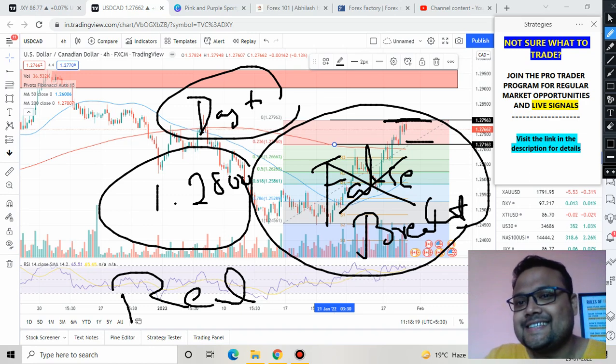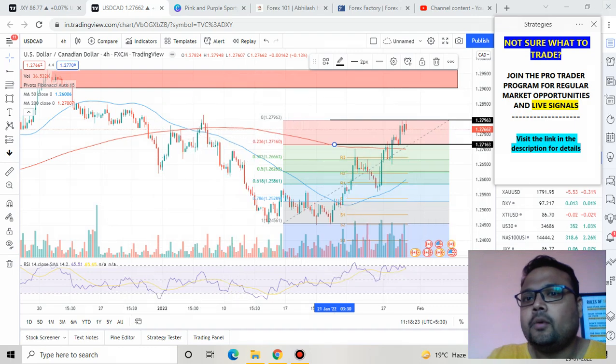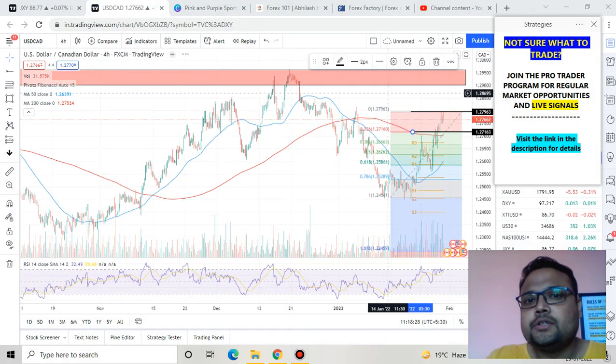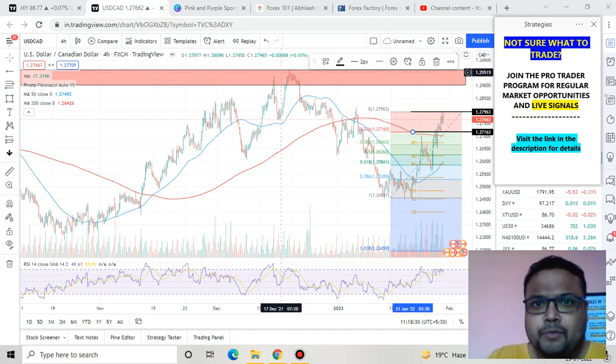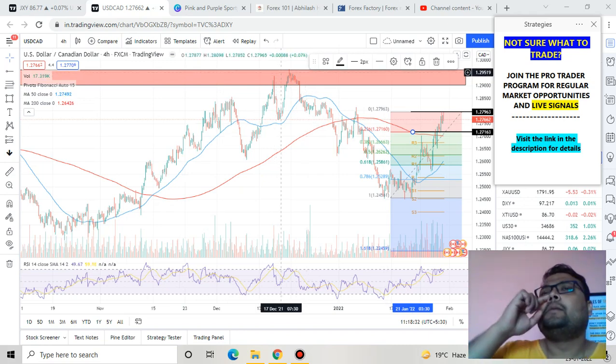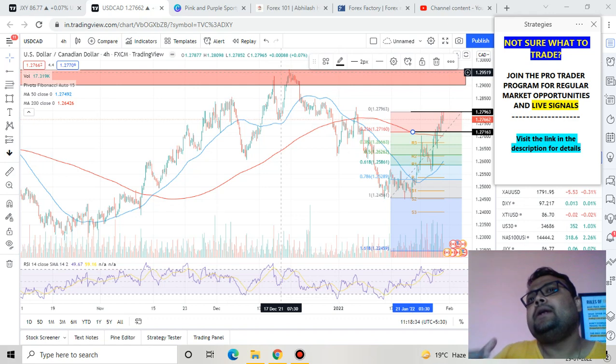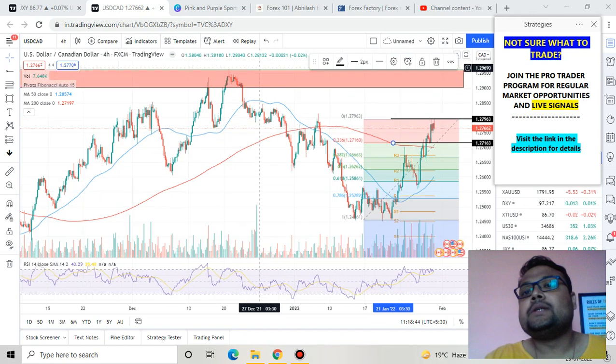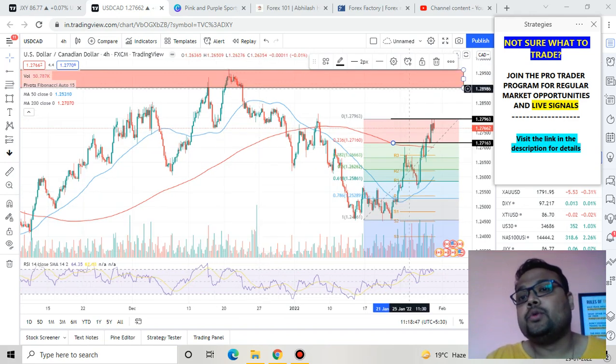This is your target. If you enter here, this will be your target. Why 1.2900? Because you can see that at 1.2900 we have resistance here, and I think there is a possibility that if the dollar crosses the 97.40 level, then we have an upside to 97.50, and in that manner USD CAD will be flying till 1.2900.